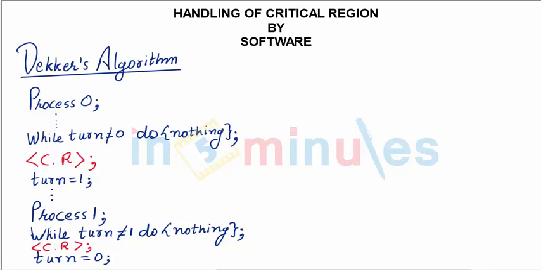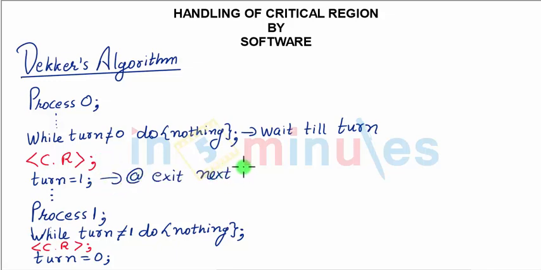We have clearly said that we have process 0, which would enter the system and wait till the time its turn comes. So this is the area where we are waiting. Then suppose the turn comes, it will enter the critical region and at exit it will ask next to go in. Similar will be done by another process.